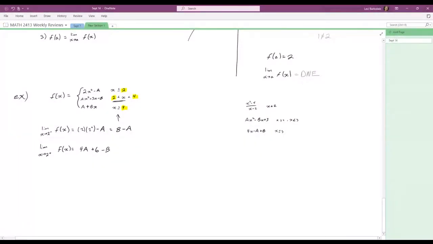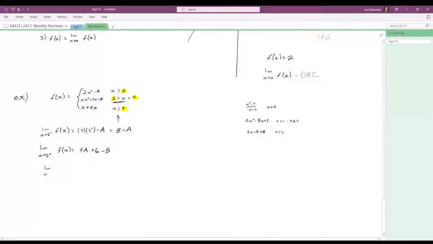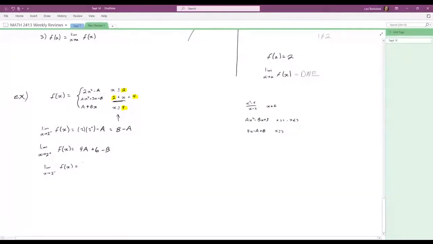Okay, well, in order to be continuous, we know that our limit has to exist, right? And in order for the limit to exist, the limit from the left has to equal the limit from the right. Or in other words, the limit as x approaches 2 from the negative side should equal the limit as x approaches 2 from the positive side.